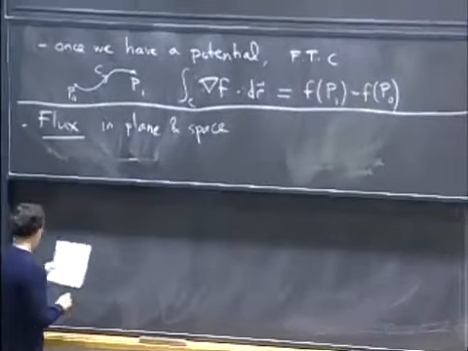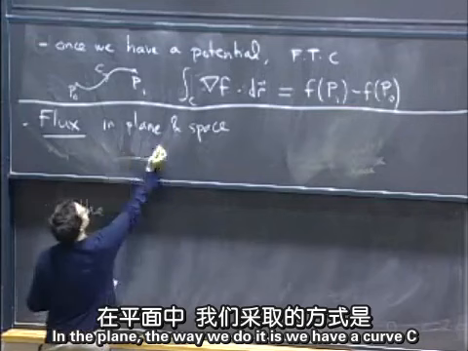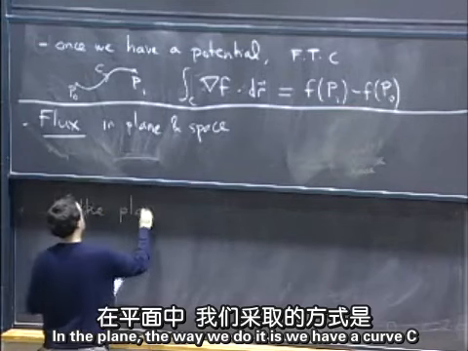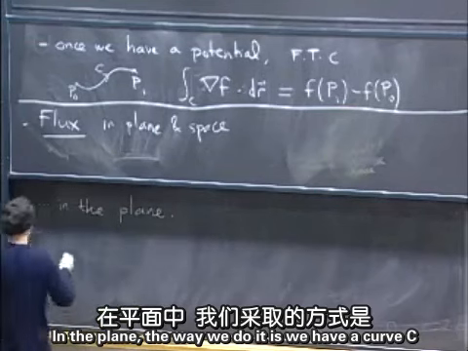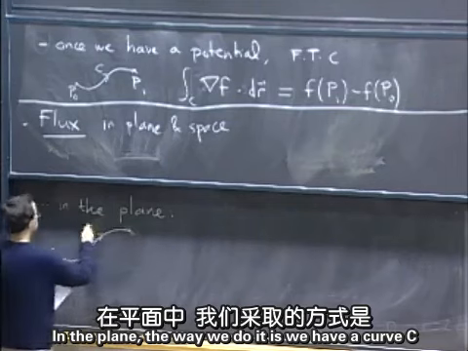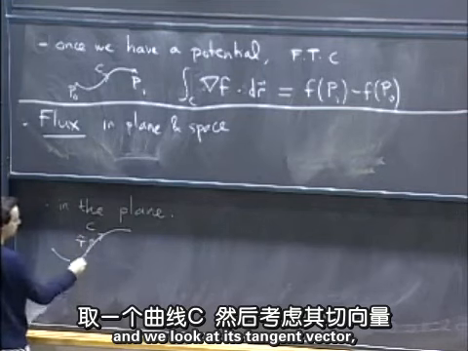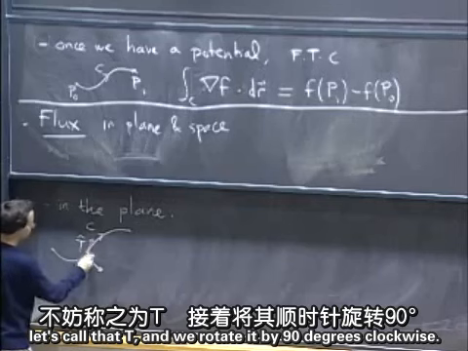So in the plane, the way we do it is we have a curve C, and we look at its tangent vector, let's call that T, and we rotate it by 90 degrees clockwise.